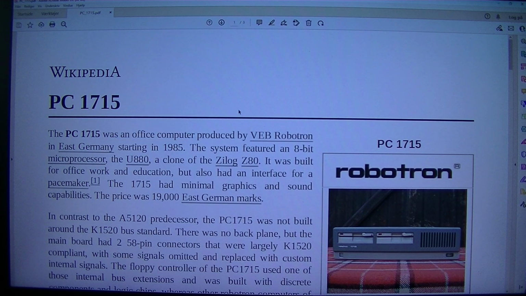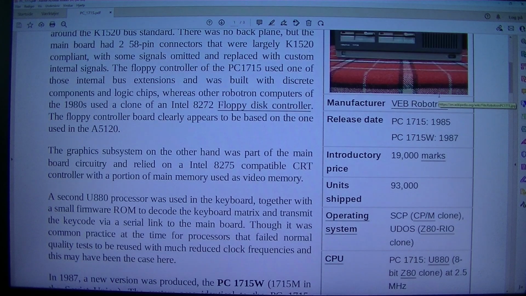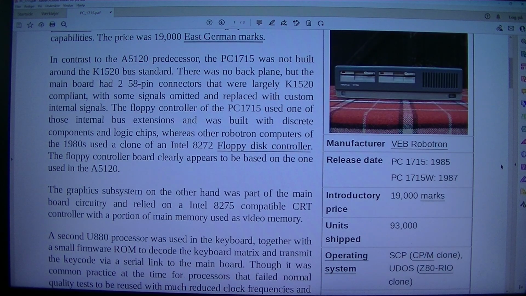PC 1715, VEB Robotron. Manufacturer VEB Robotron. Release date: PC 1715, 1985.